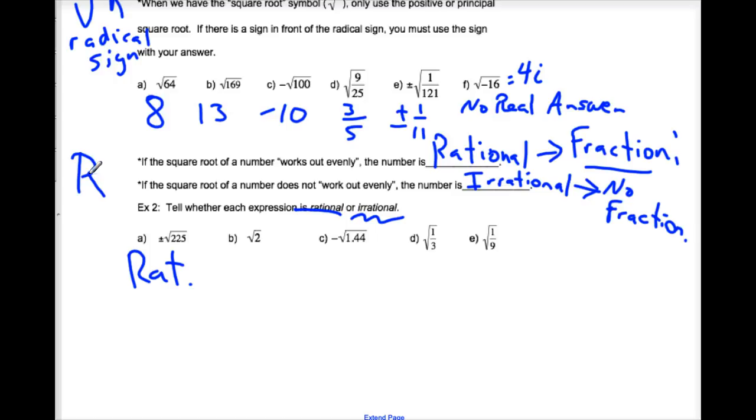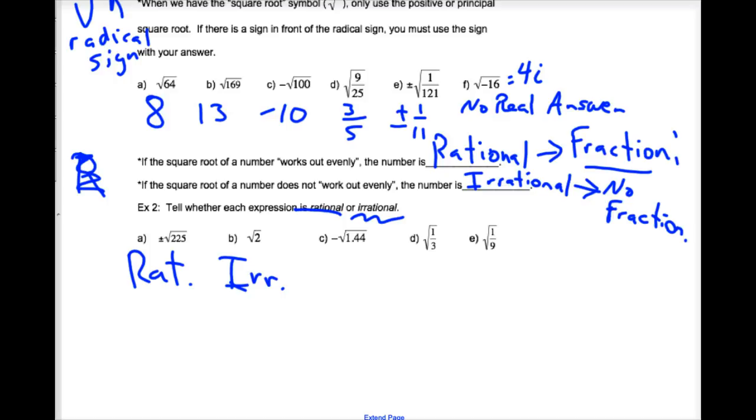They're all real. The square root of 2 is where we get our first irrational number. If you're not sure, type the square root of 2 into your calculator and it says 1.4 something. Nobody can write the square root of 2 as a fraction with an integer over an integer.